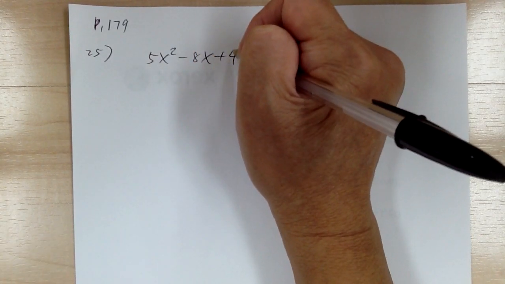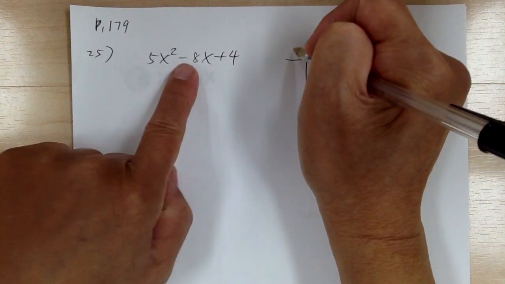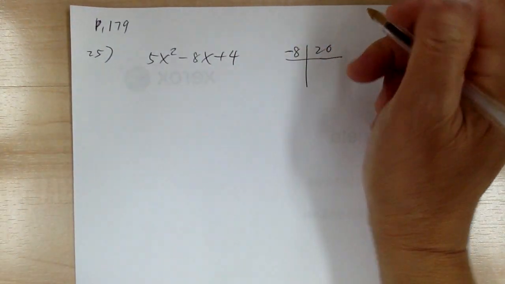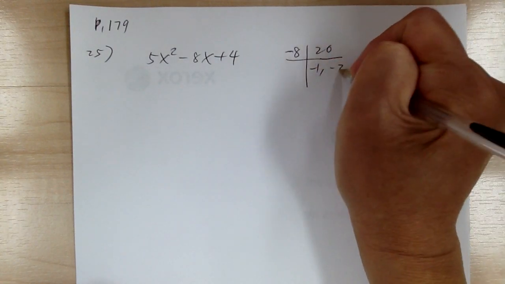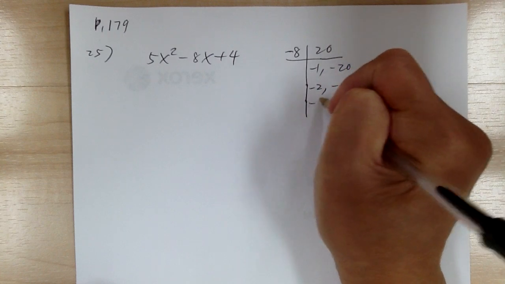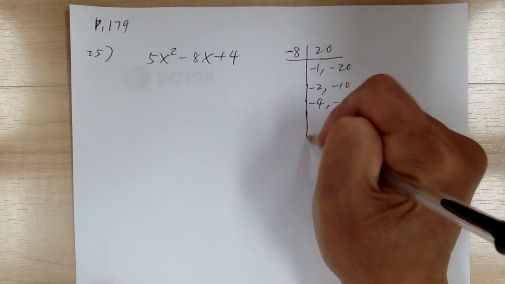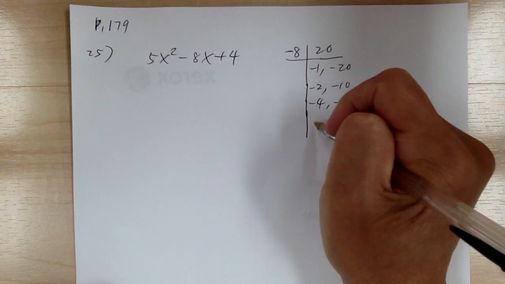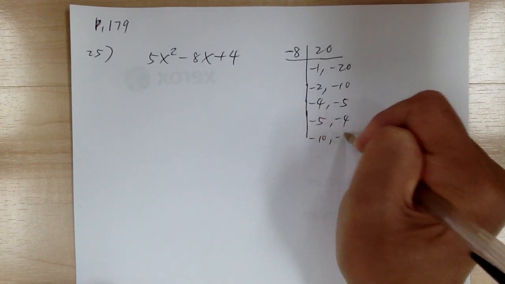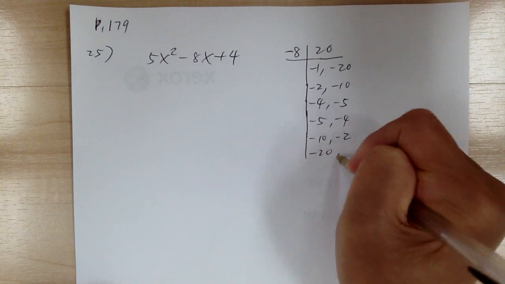Step 1, 2, 3. Okay, go to step 4. So you're going to get negative 8, and you're going to get master product 20. So you need to use negative 1, negative 20, negative 2, negative 10, 3 cannot. So negative 4, negative 5. And after that, it's going to just switch over. So it'll be negative 5, negative 4, negative 10, negative 2, negative 20, negative 1.